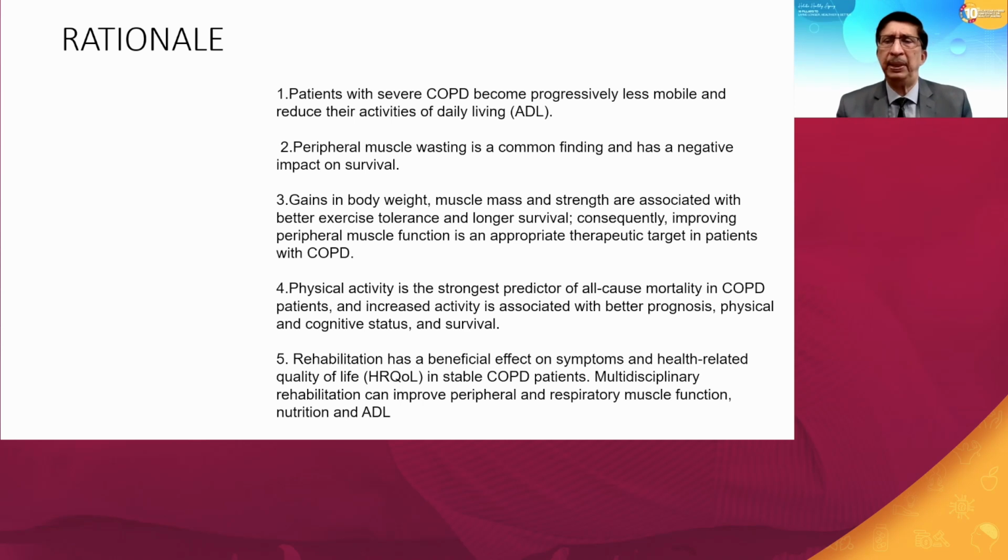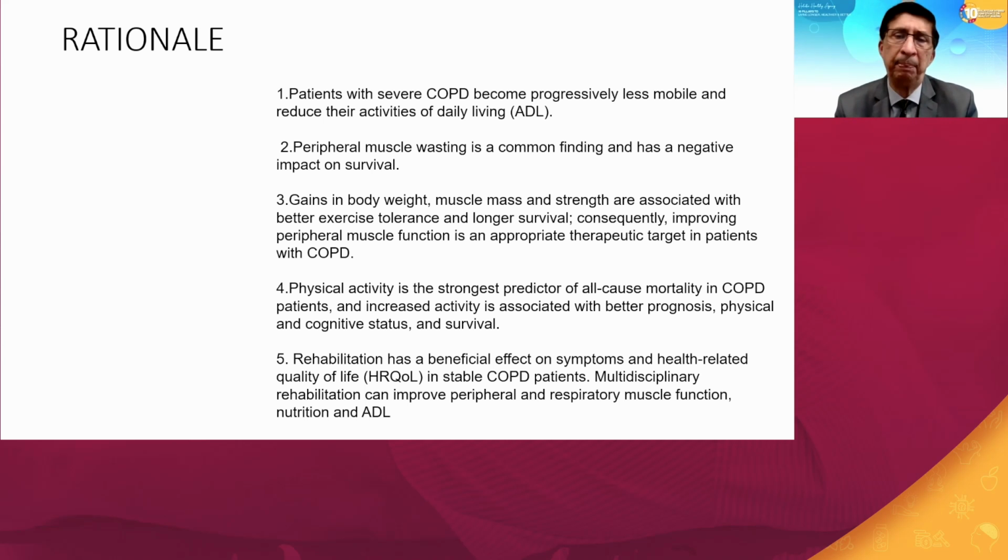Now, we know that patients with severe COPD are becoming progressively less mobile. They are reducing their ADLs. Muscle wasting is a common finding and has a negative impact on survival. Gains in body weight, muscle mass, and strength will automatically be associated with better exercise tolerance and longer survival.